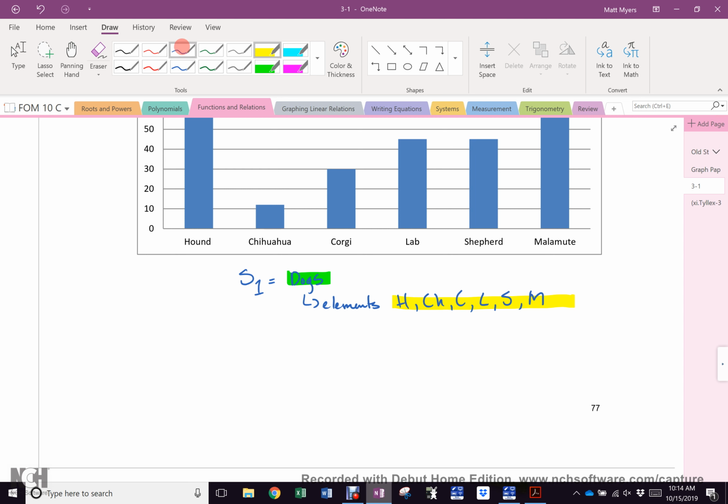What is the other set of data in this graph? What is the other information this graph presents us? Height. And that is, of course, green because that's the set. And what are the elements of that set? 10, 20, 30, 40, 50.